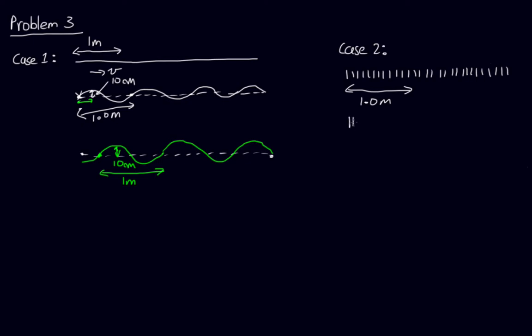So let's initially start with a compression at this end. So at this end, we draw the bits close together, and then they spread out, and then they're close together. So 1 wavelength, we have the compression, the rarefaction, and back to the compression. And we should have the same number of lines in 1 meter here as we have in 1 meter up there. I'm not sure if I do exactly because I'm just sketching this roughly.